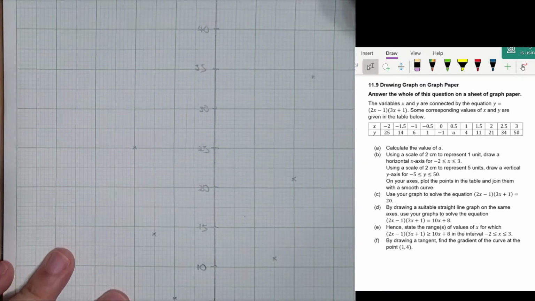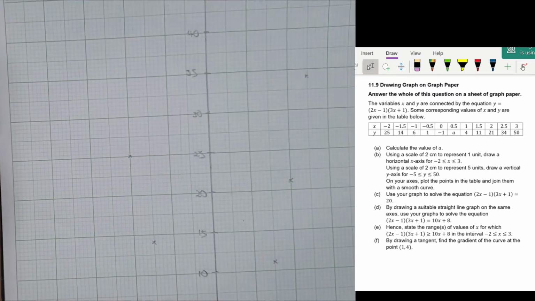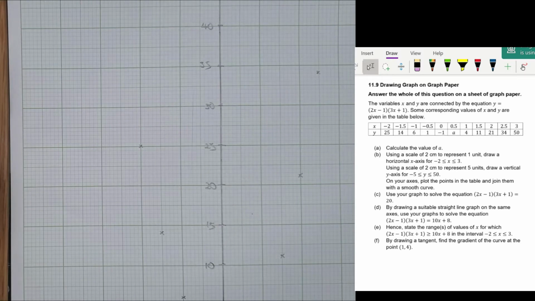And then 3, 50. Okay, so this is where I take out my curve rule.